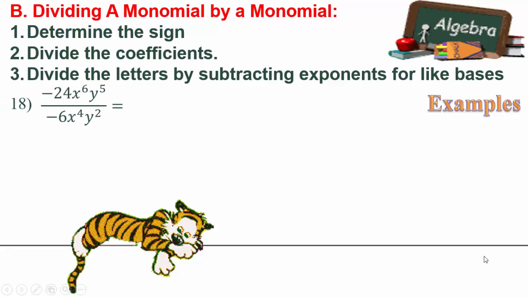So in example number 18, we have negative 24 x to the 6th y to the 5th divided by negative 6 x to the 4th y squared. So why don't I go over to the whiteboard and work this out in detail first.